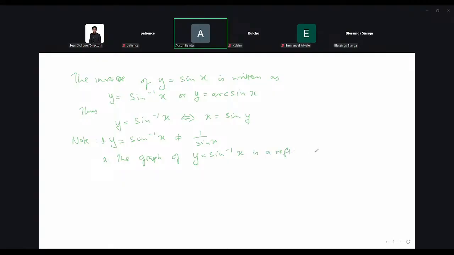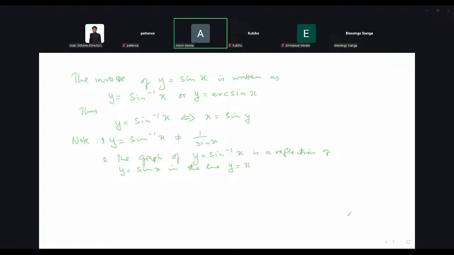We can look at it as a reflection of the function y equal to sine x. We are reflecting this in some line, and that line is, sorry, not the x-axis, but the line y equal to x. So that's how these two functions are related.